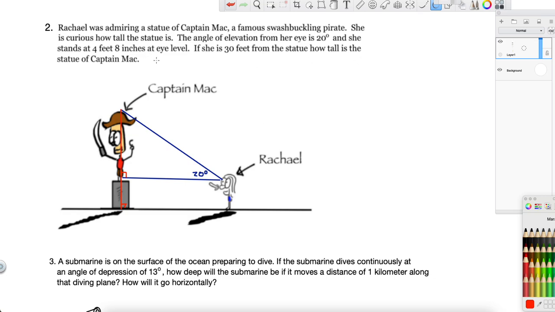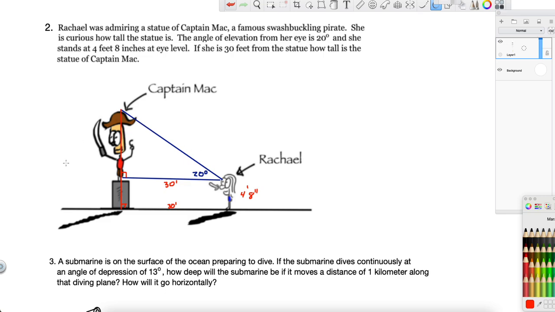She is 4 feet 8 inches tall, and she's 30 feet from the statue. So this length on the ground is 30 feet, but we also know that this horizontal length on this triangle is also 30, because we're assuming this is making a rectangle.